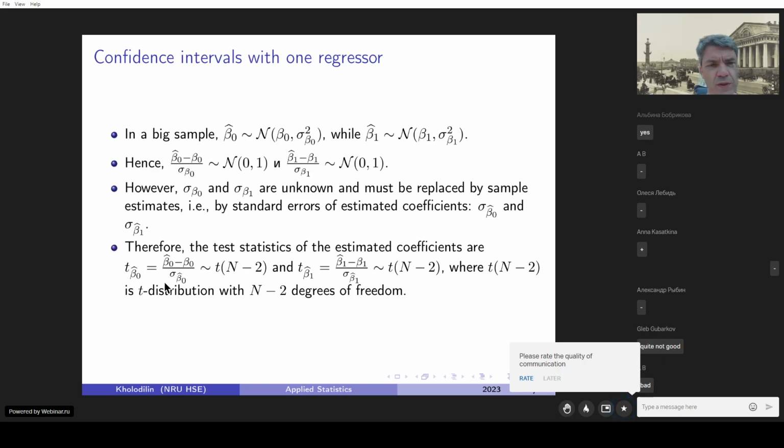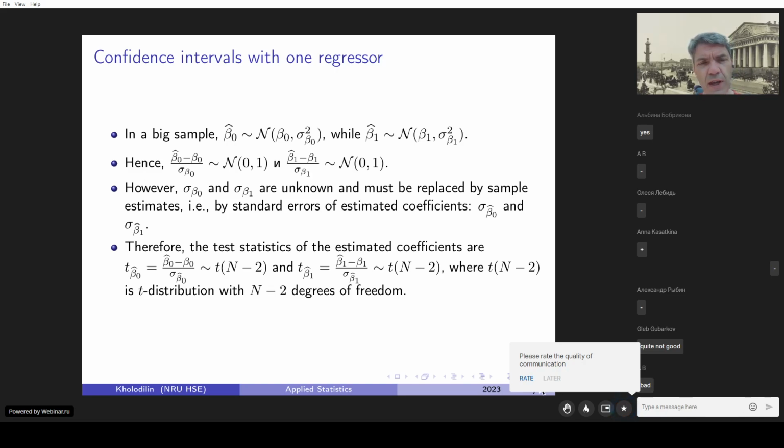And as we know, if we divide some normally distributed variable by some chi-square distributed variable, because the variance follows chi-square distribution, then the resulting variable will follow the t distribution, the Student distribution, with n minus 2 degrees of freedom. Why n minus 2? Because we have two regressors in our model.